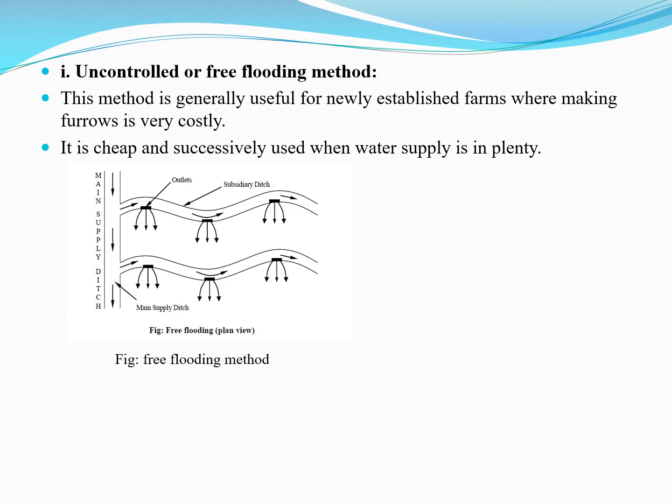In this method, the water is applied to the land from the field ditches. From these field ditches, the laterals are also taken across the field. See this figure. From the field ditches, there are various laterals provided here, and these laterals are taken across the fields at a spacing of about 15 to 45 meters, and these laterals run along the contours.